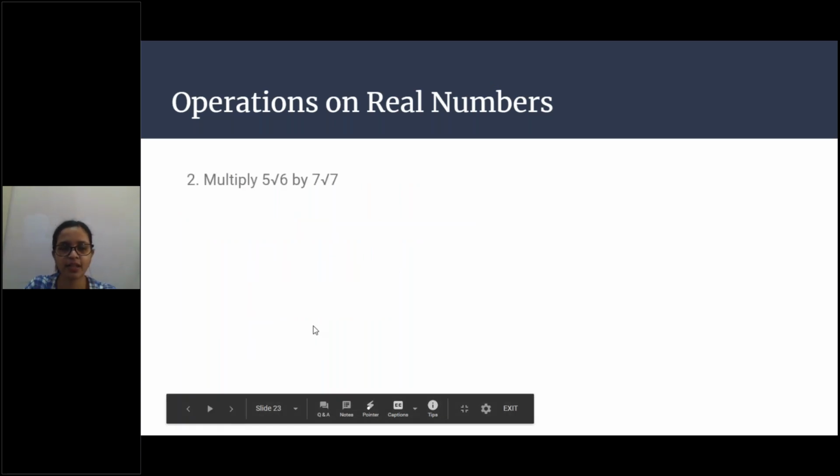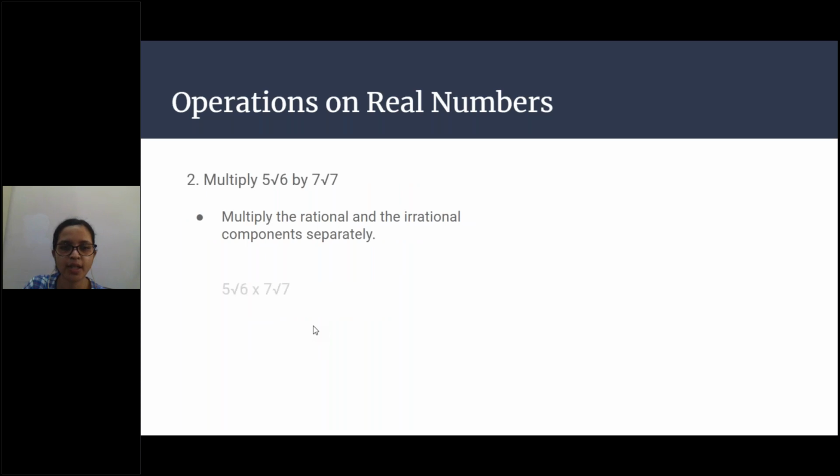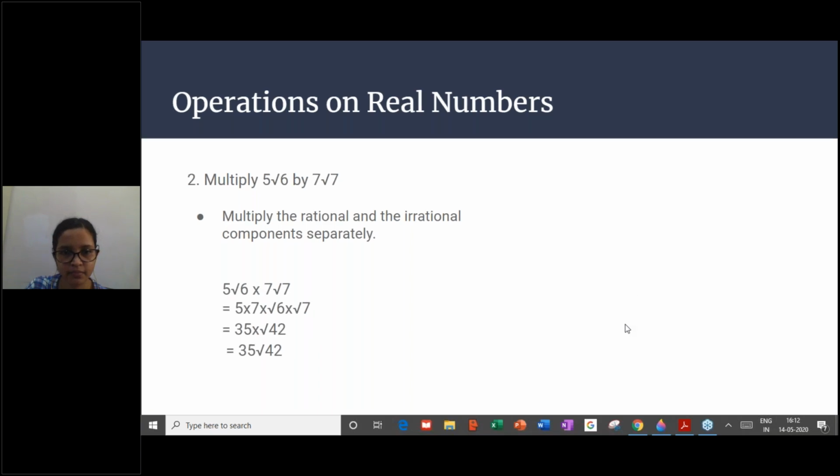This is there in your chapter note. So if you miss out something, don't worry too much. We'll do another example so you'll get a hang of it. Here, when you multiply, you multiply the rational parts separately and irrational parts separately. Got it?